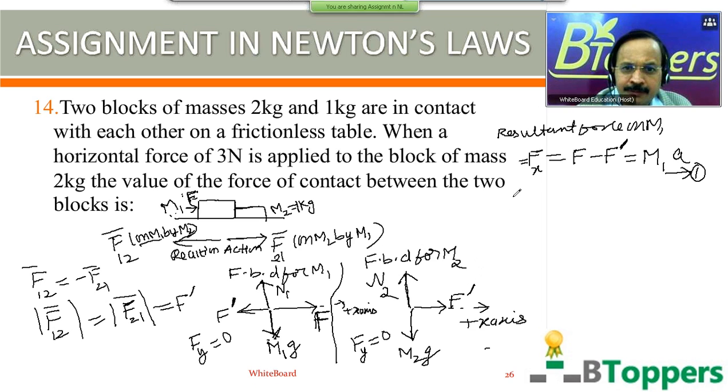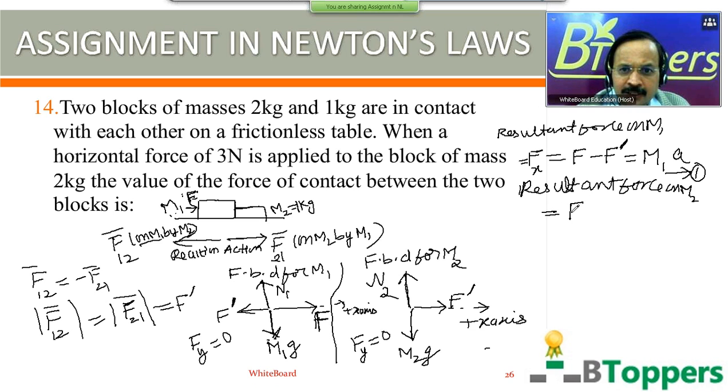Then look at the free body diagram for M2. So the resultant force on M2 will also be equal to Fx, meaning the resultant of forces in the horizontal direction.